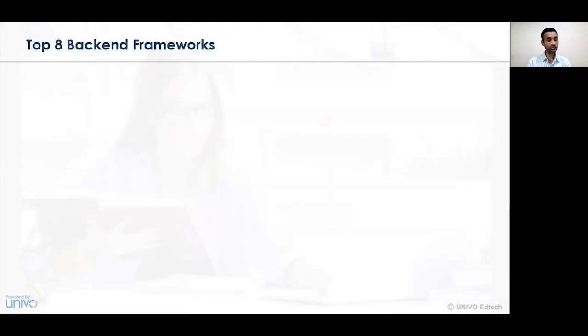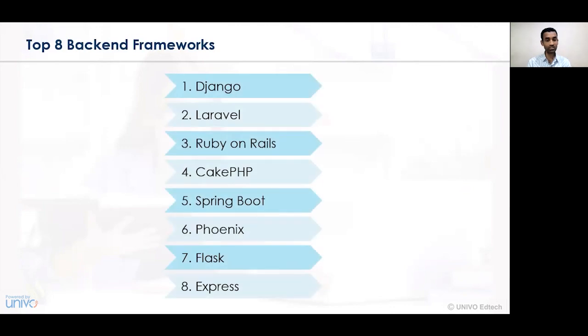Now let's understand the top 8 backend frameworks in existence. The top 8 backend frameworks, or software that can be used, are: number 1, Django; number 2, Laravel; number 3, Ruby on Rails; number 4, CakePHP; number 5, Spring Boot; number 6, Phoenix; number 7, Flask; and number 8, Express.